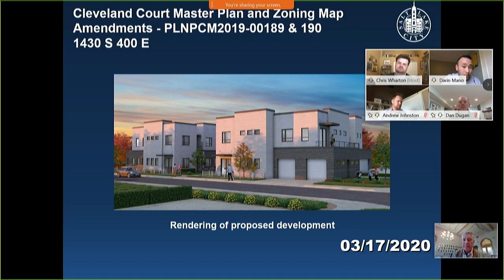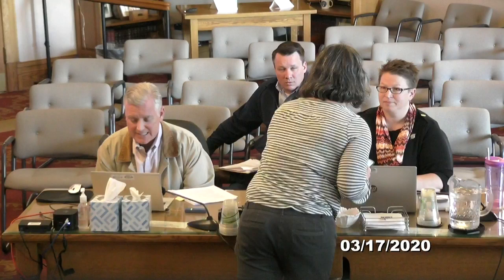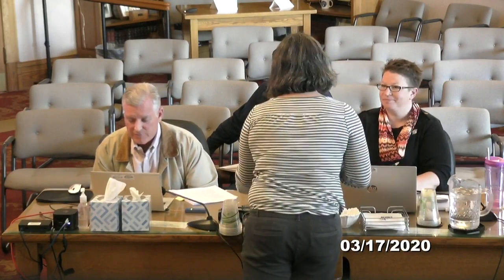Yeah, so under the form-based zoning, you're required actually to put the garages in the alley if you have an alley. So where we have an alley, which we do, we do have garages back there. The one issue with this property is basically it's surrounded by rights of way on 3 of the 4 sides.